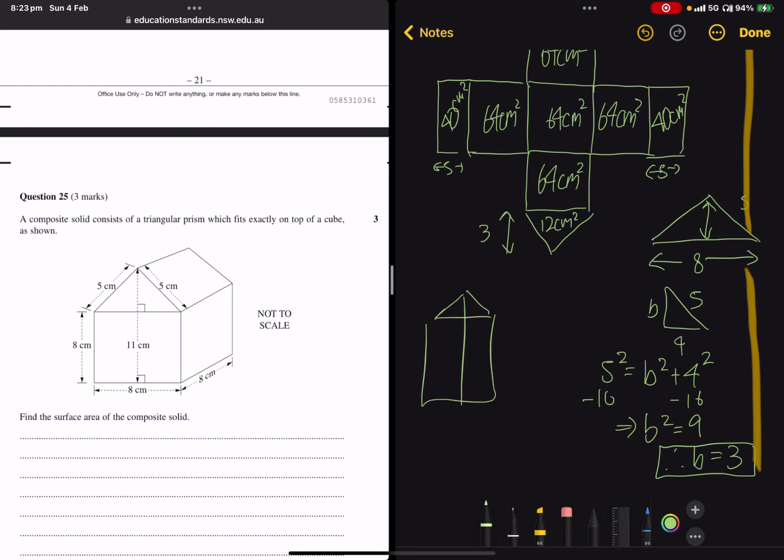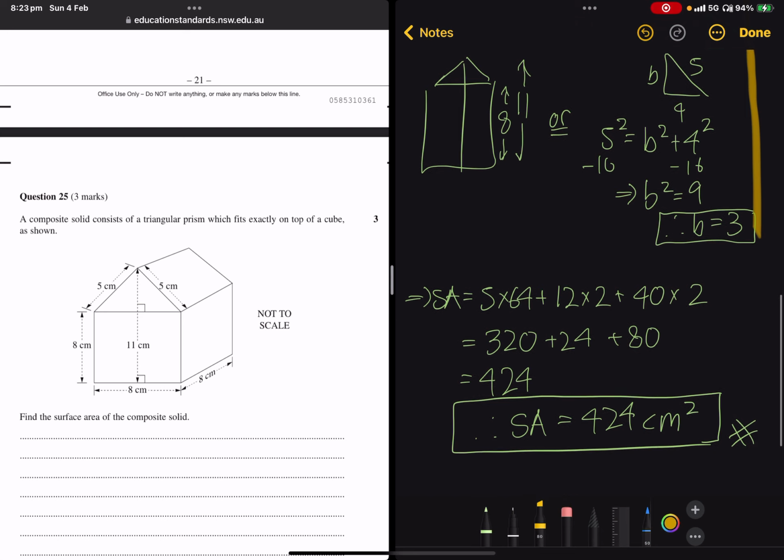So they tell you here that this total height is 11 and that this is 8. So you can just get the 3 straight away from that. That would be a mark equivalent to using the Pythagoras theorem method. So these are both fine. And then the third mark will be for finding the surface area in terms of centimeters squared.